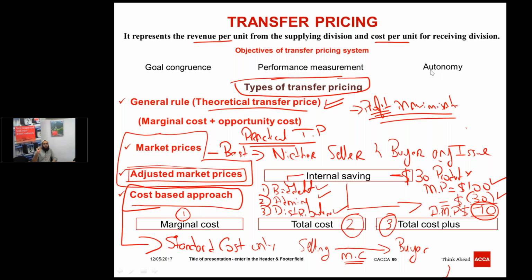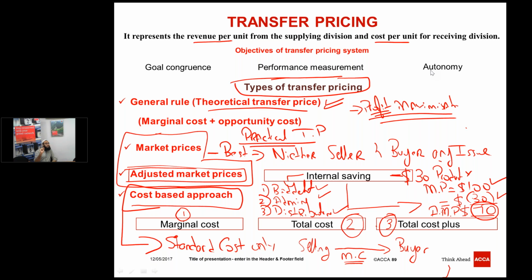Now if you recall, yesterday I told you the same thing when we were learning the general rule. In the general rule, we learned that if there is spare capacity, there will be no opportunity cost, which means the transfer price will be equal to marginal cost.